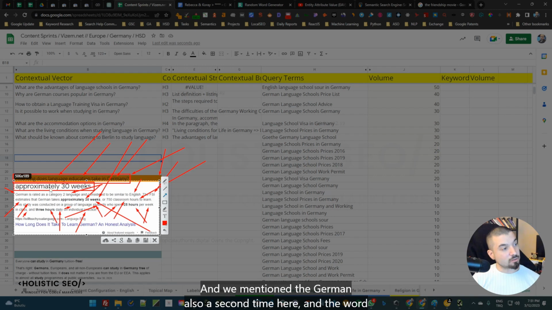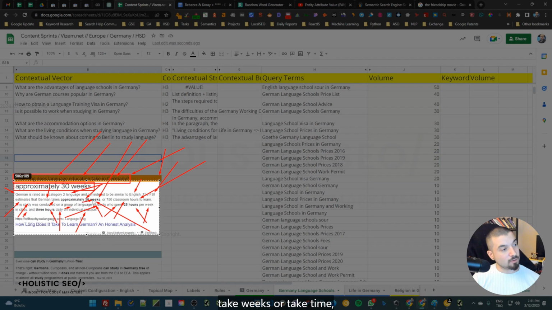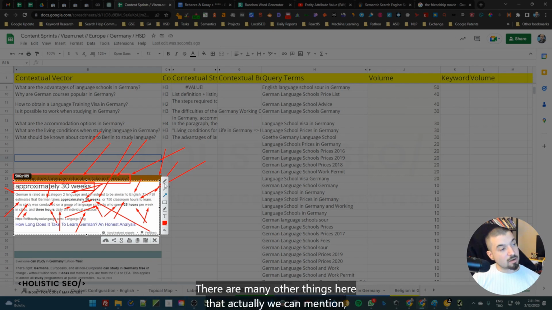We mentioned German a second time here, and the words take weeks or take time show word compositionality in our answer too. There are many other things we can mention, for instance, including a methodology, the total time, and the total classroom hours, including more languages or more language learning organizations or teaching organizations, more analogies, and many other sections.